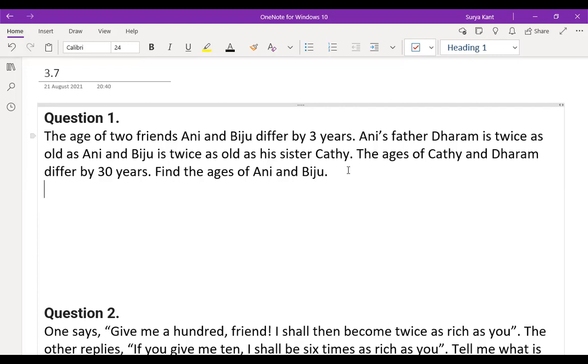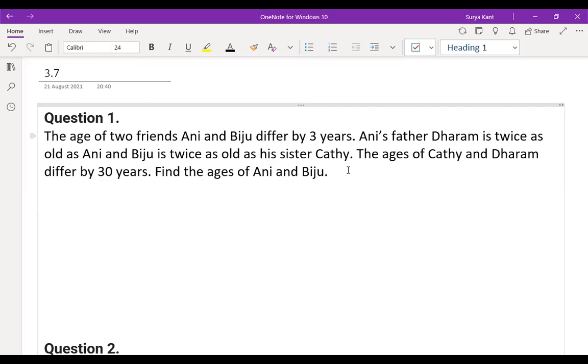So where to start this question, children? The ages of two friends, Ani and Biju, differ by 3 years. It means that we just let... This is a pair of linear equations in two variables, right?